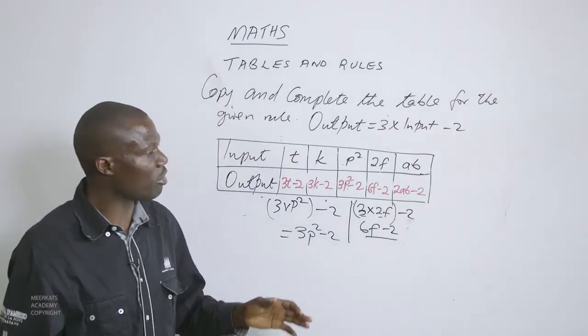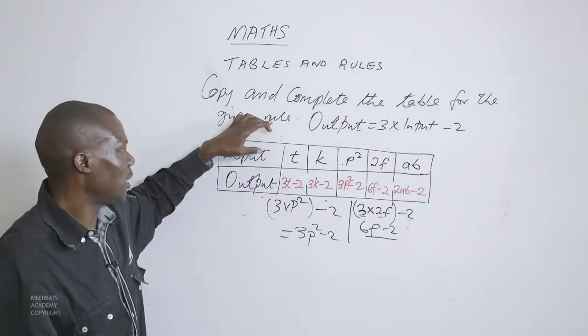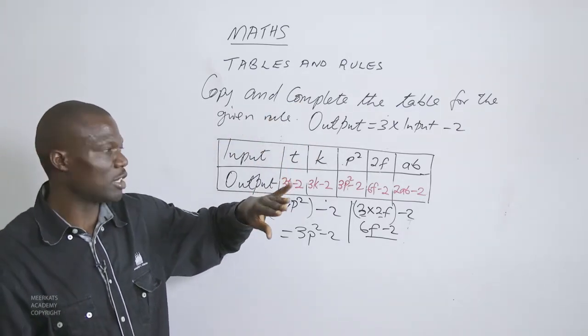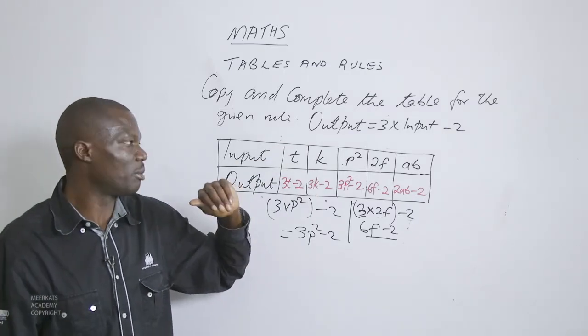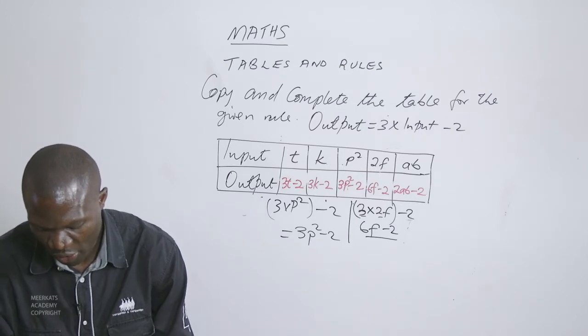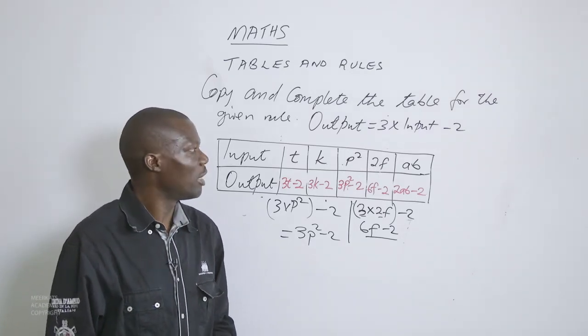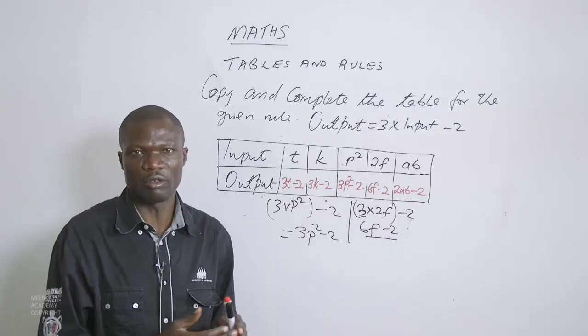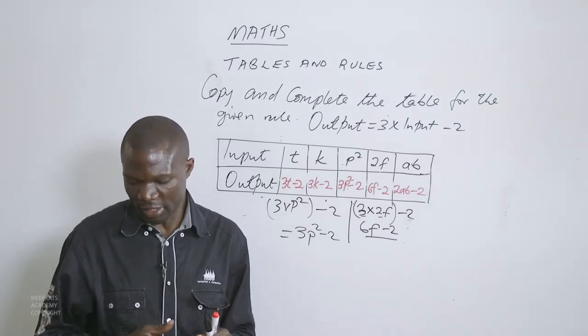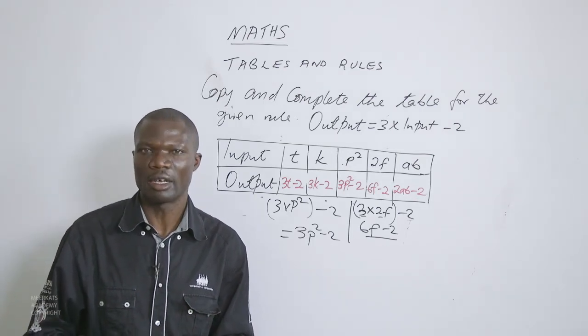Now, this is how we fill a table of values given that the input is not figures but pronumerals. In our next class, we are going to extend this into more detailed information and start working on what we call Cartesian planes and graphs.